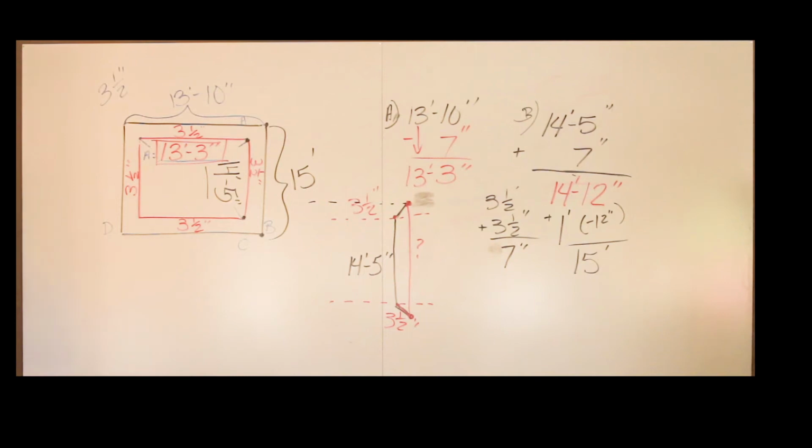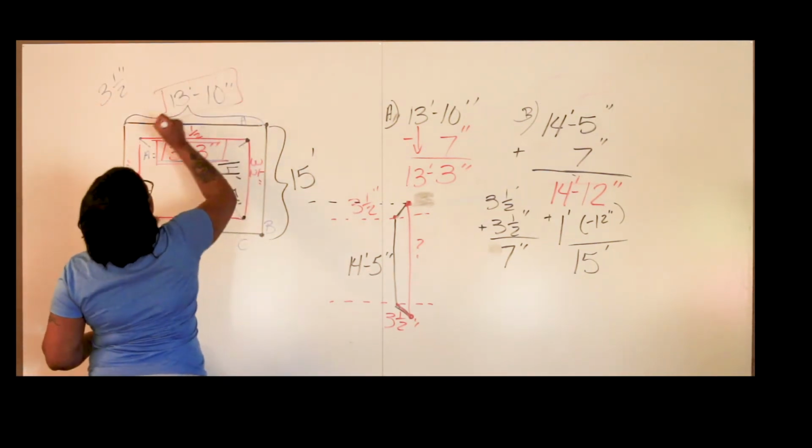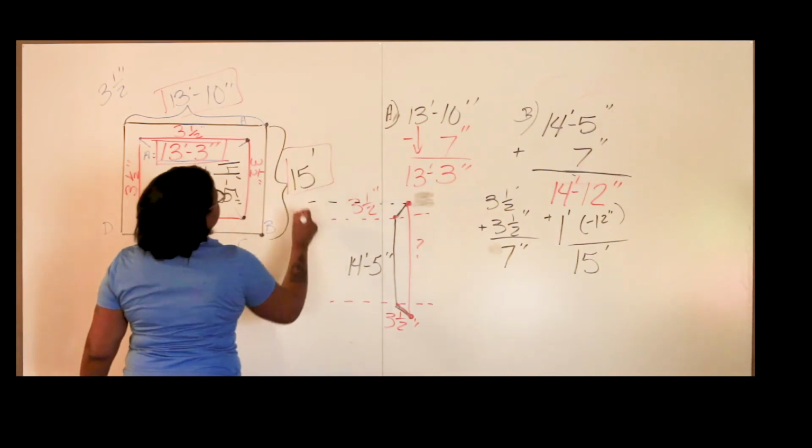So let's talk about dimensions while we have this frame up. If I wanted to write the exterior dimensions for this frame, the exterior meaning outside, and be careful when you're grabbing measurements. Take your time. I'm talking about this 13 feet 10 inches, and I'm talking about this 15 feet.